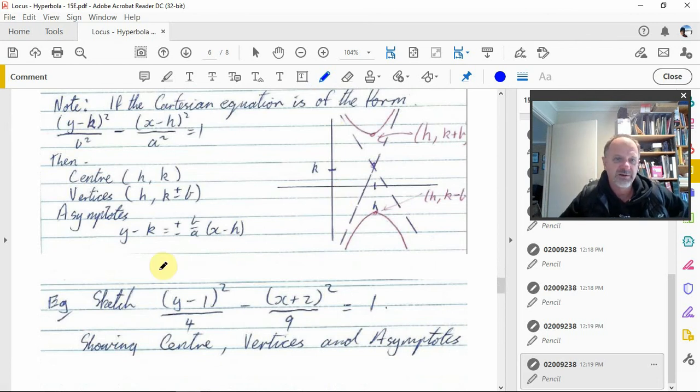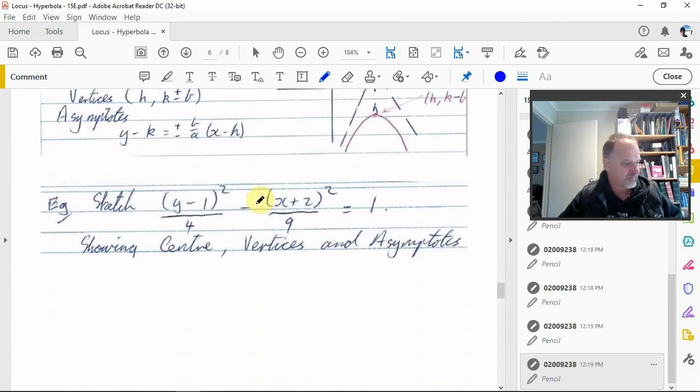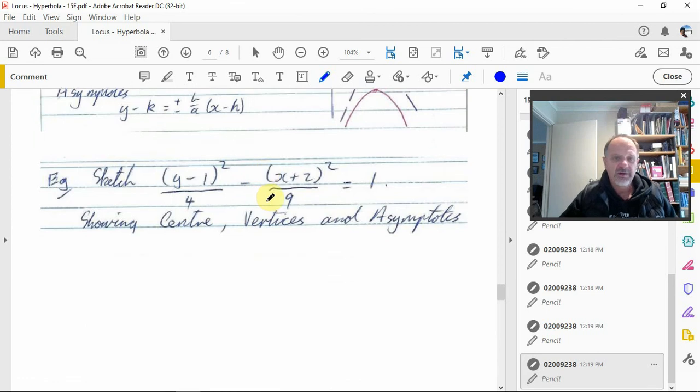And so we've got a little bit of a change in our centre and our vertices for those particular things.